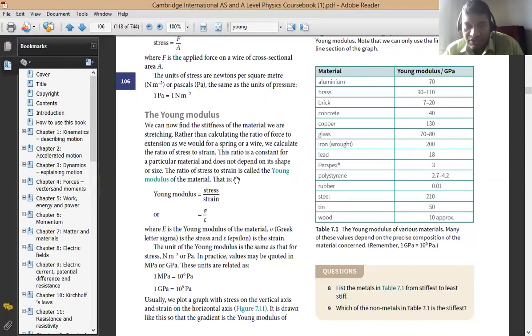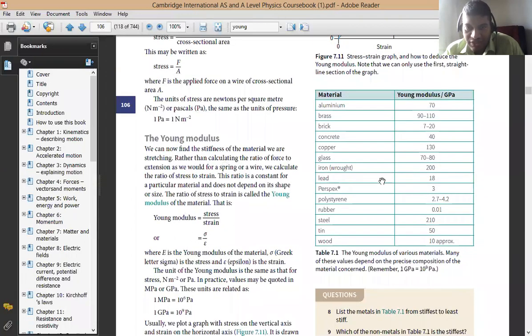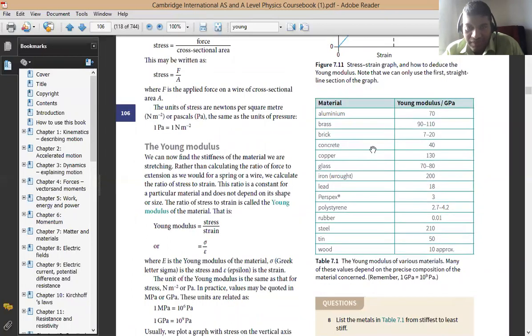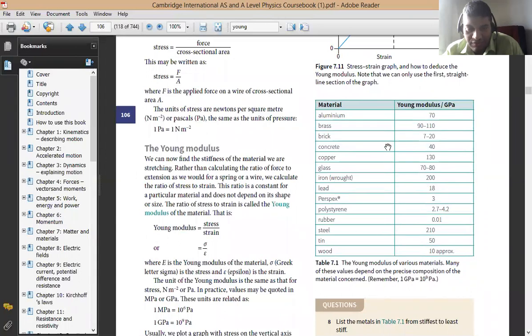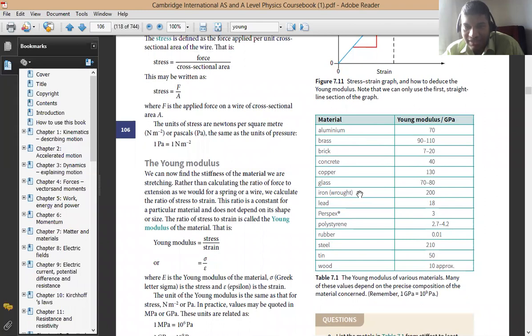The ratio of stress to strain is called the Young modulus of the material. So remember, we are still talking about stiffness. Young modulus is stress over strain, and there is a chart that you will have to remember, Young modulus against material. If you look at the chart, you will see that metals such as steel, brass, and harder materials like iron and wrought iron have a very high value for Young modulus.